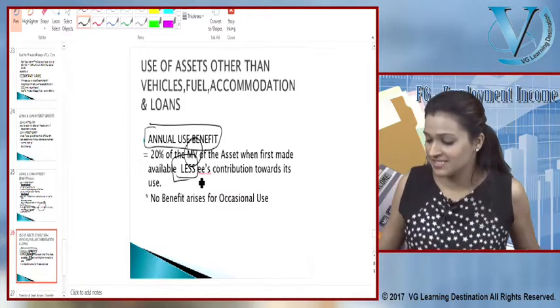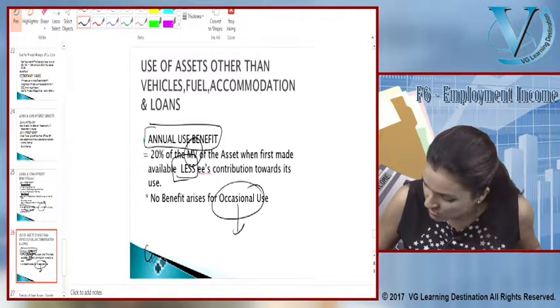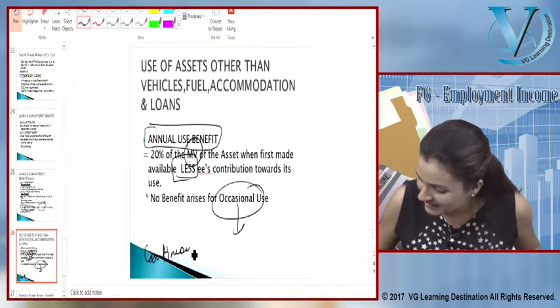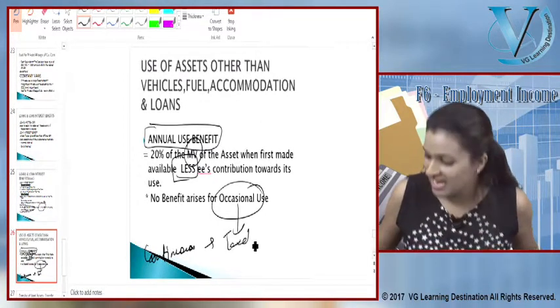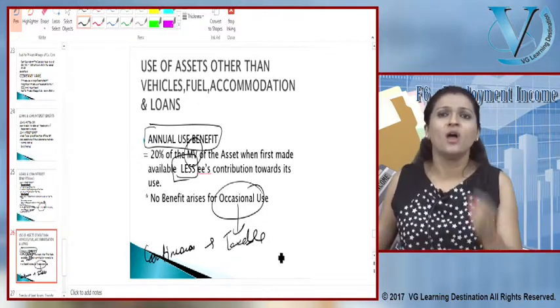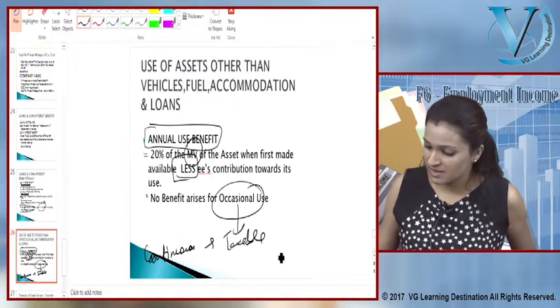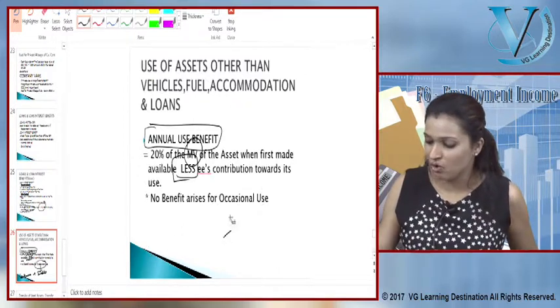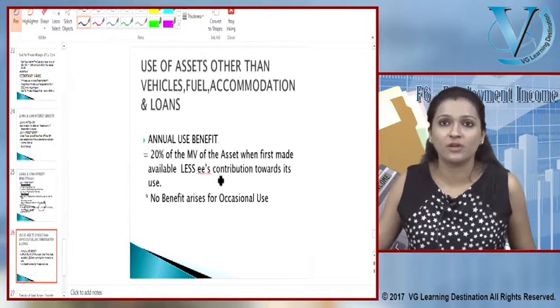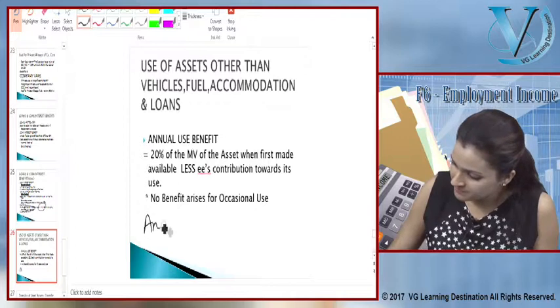No benefit arises for occasional use. So if it's a continuous use, only then it becomes taxable. If it's an occasional use, then you've used some of the assets of the employer, okay, fair enough, exempt benefit. If on a continuous basis you are using the assets of the employer, you need to calculate what? You need to calculate the annual use benefit.